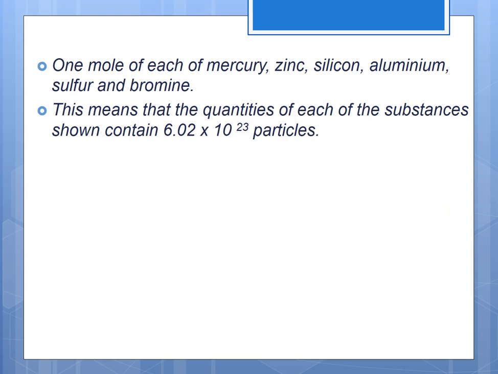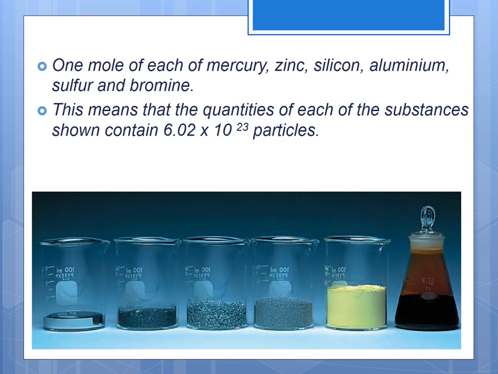So if we had 1 mole of each of mercury, zinc, silicon, aluminium, sulfur, and bromine, they would all have the same number of particles, but they wouldn't weigh the same. The mass would be different for each of these different samples. Okay, and if we think about that, that makes sense because each of the atoms weighs a different amount.